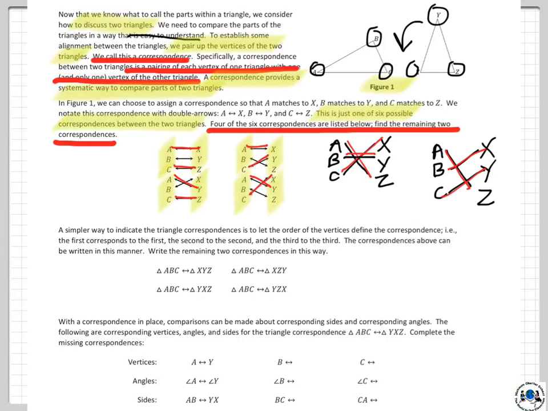So we could have actually matched up, for example, if we took another one of these, we'll just take out that last one we did here. So A matches Z, and then B and X match, and then C and Y match.